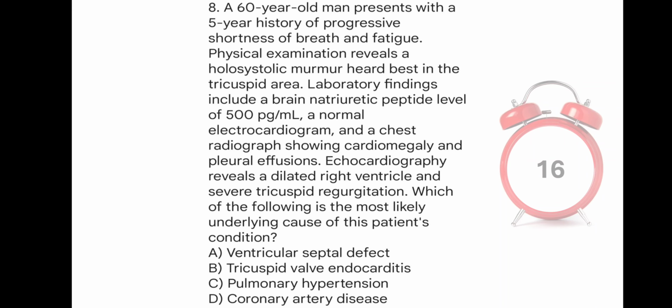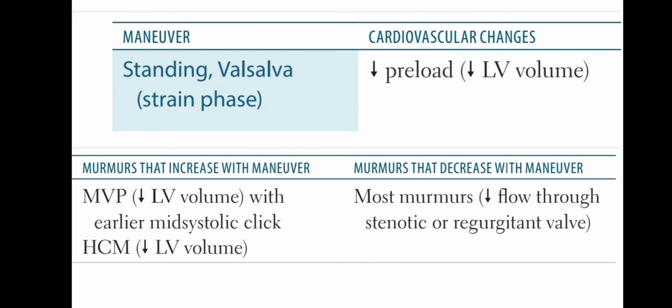The correct answer is C. Pulmonary hypertension. Now, this is a table showing how different physical maneuvers affect cardiovascular changes and heart murmurs.